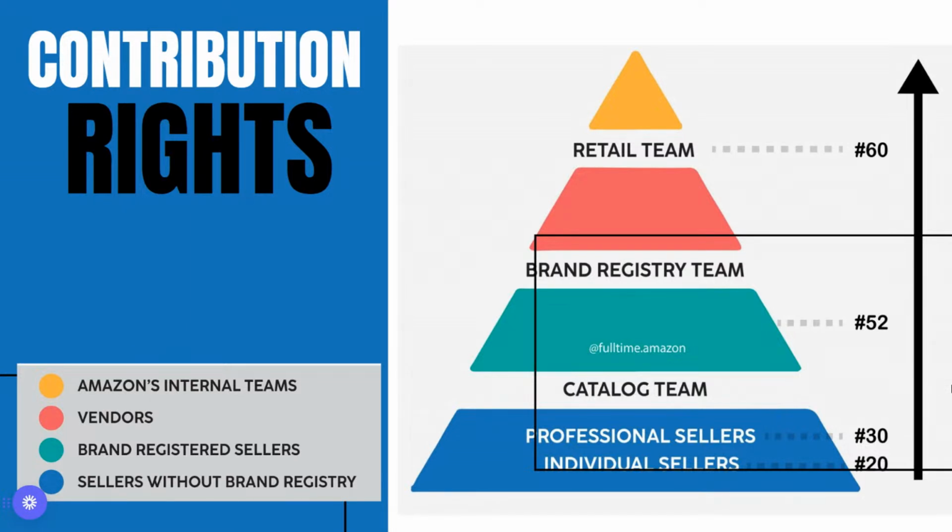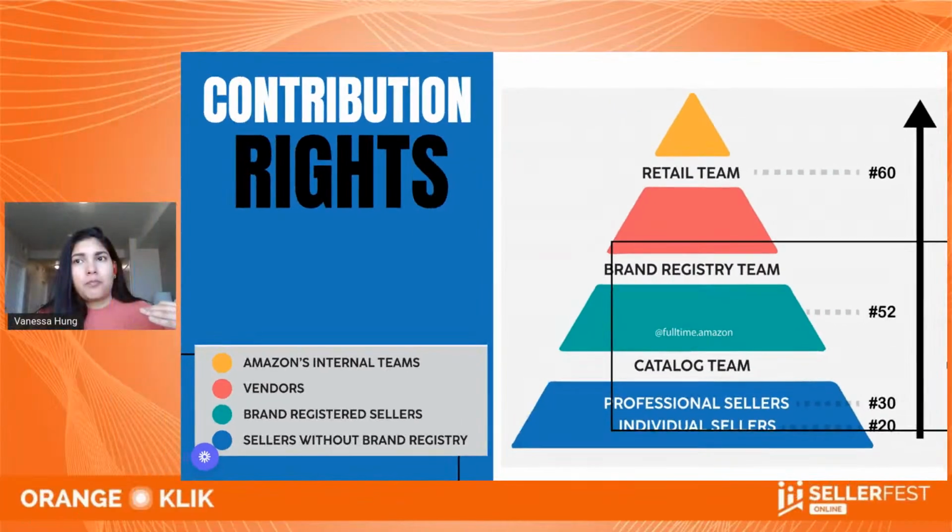So at the bottom of the pyramid, we have professional and individual sellers. As you can see there, they have points. Individuals have 20 points, professional sellers have 30 points. The catalog works as a point-based system where the winning contribution will be from the seller or the team that has the most points.